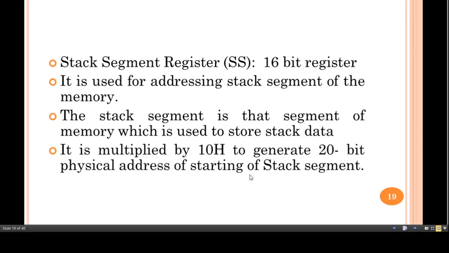The starting address of the stack segment is calculated by multiplying the SS register by 10H, and we get the 20-bit physical address of the starting of the stack segment. So that is all about the segment registers.